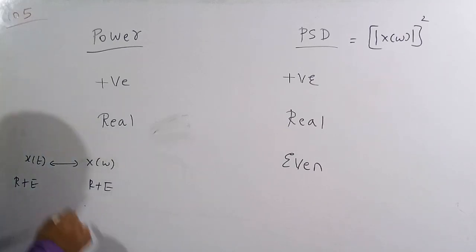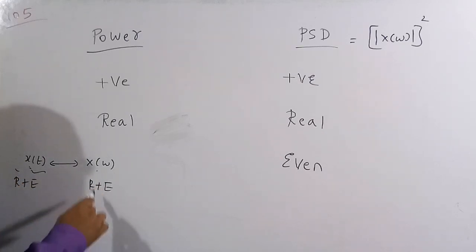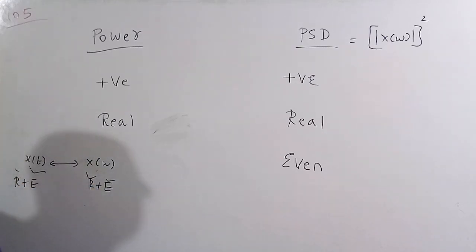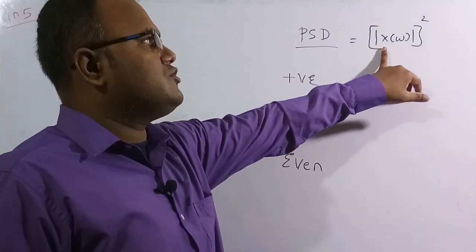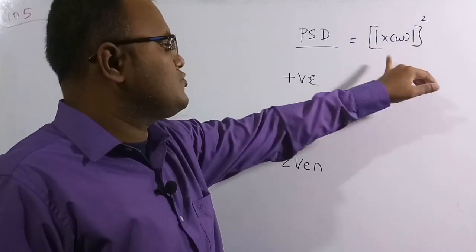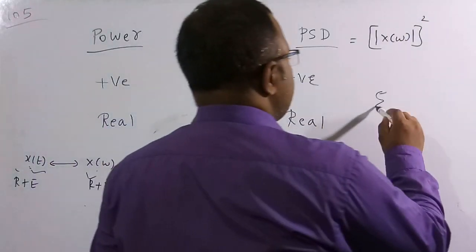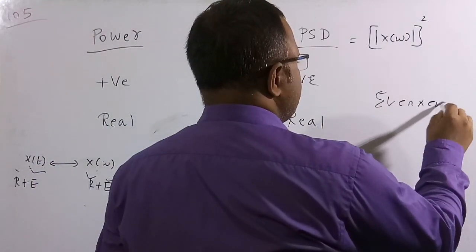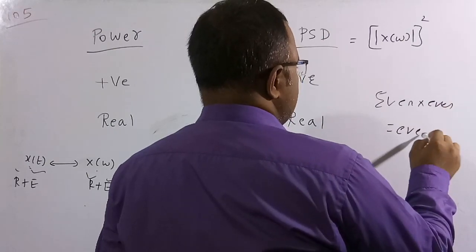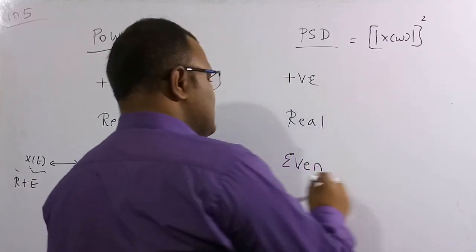See, whenever x of t has Fourier transform X of omega, and x of t is real and even, X of omega is also real and even. So if you see carefully, the magnitude value is always of even nature. And if you square the even nature, it is still even, because even into even is again even. So the magnitude of this is always even, and if you take the square also, it is still even.